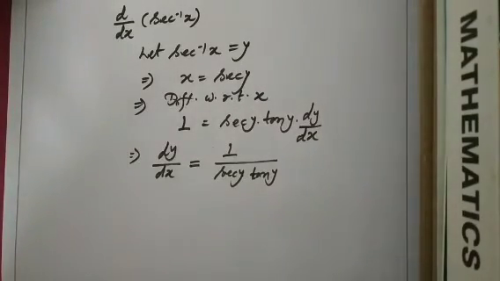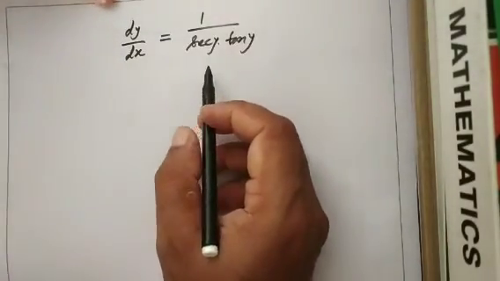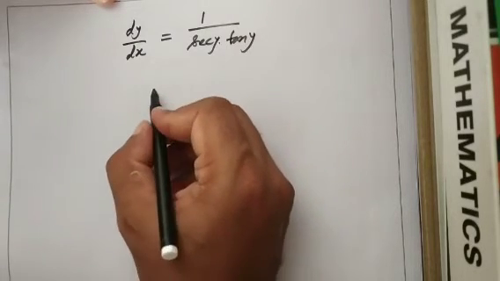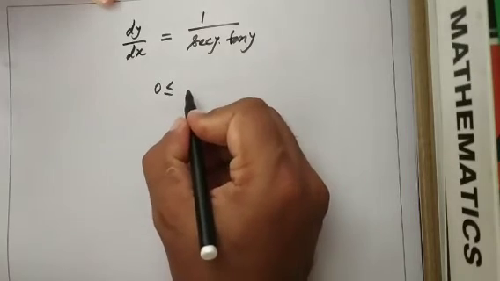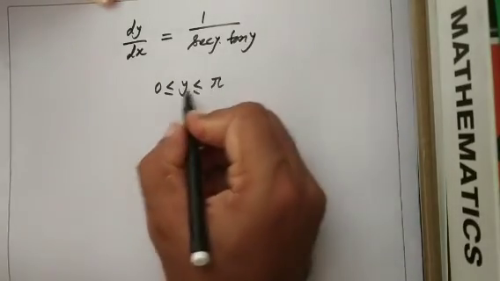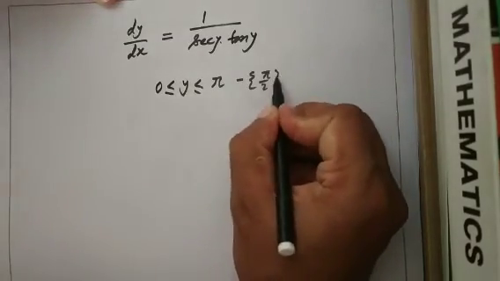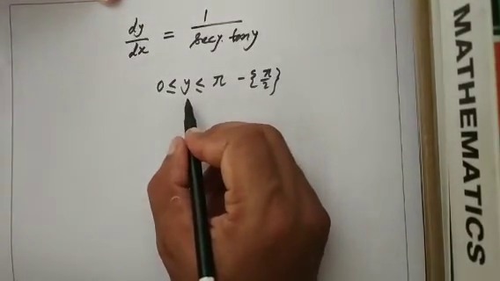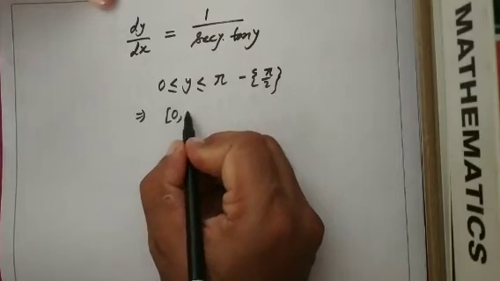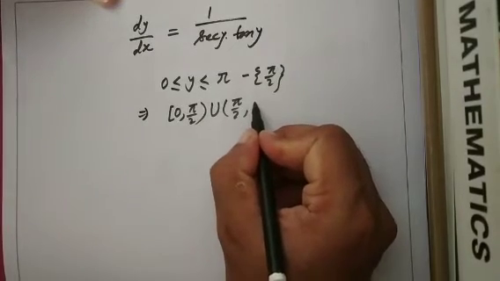Now you have to see one more important thing. Since y represents the sec inverse x function, whose range is between 0 to pi, in which pi by 2 is not included, the interval for the range is 0 to pi by 2 union pi by 2 to pi.